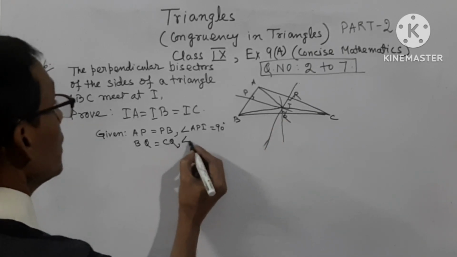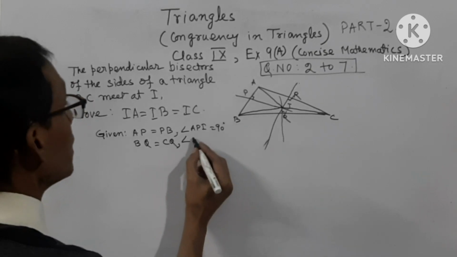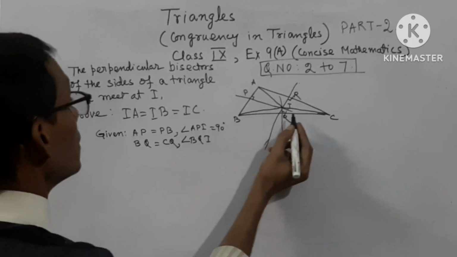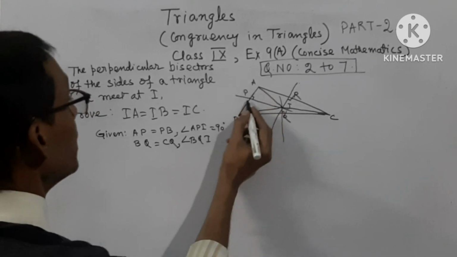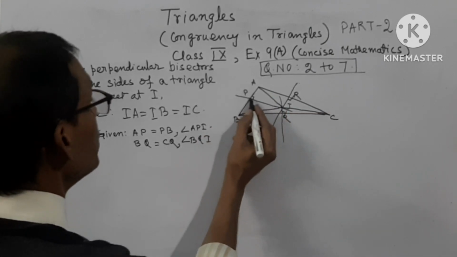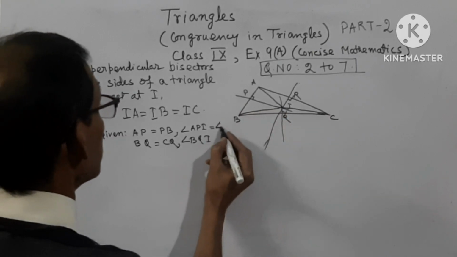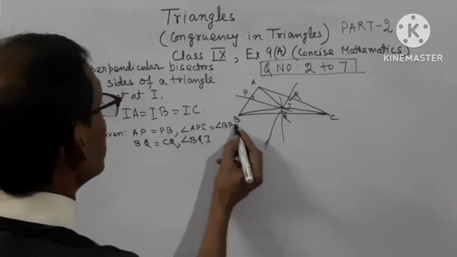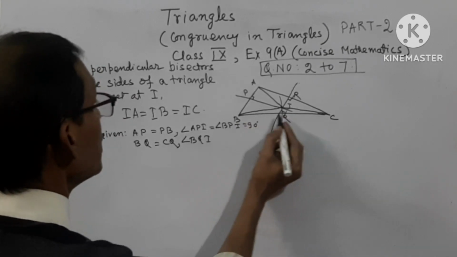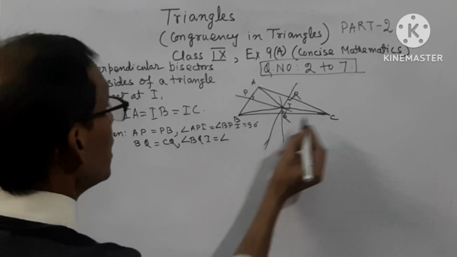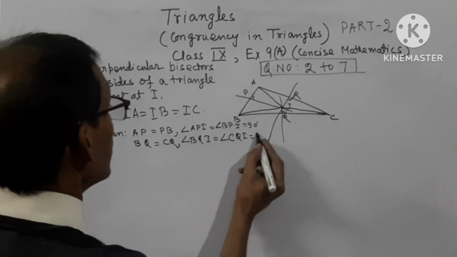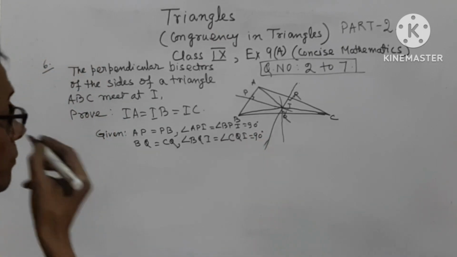Angle BQI, not only API, also BPI equal to 90 degree. Here BQI equal to angle CQI, CQI equal to 90 degree.